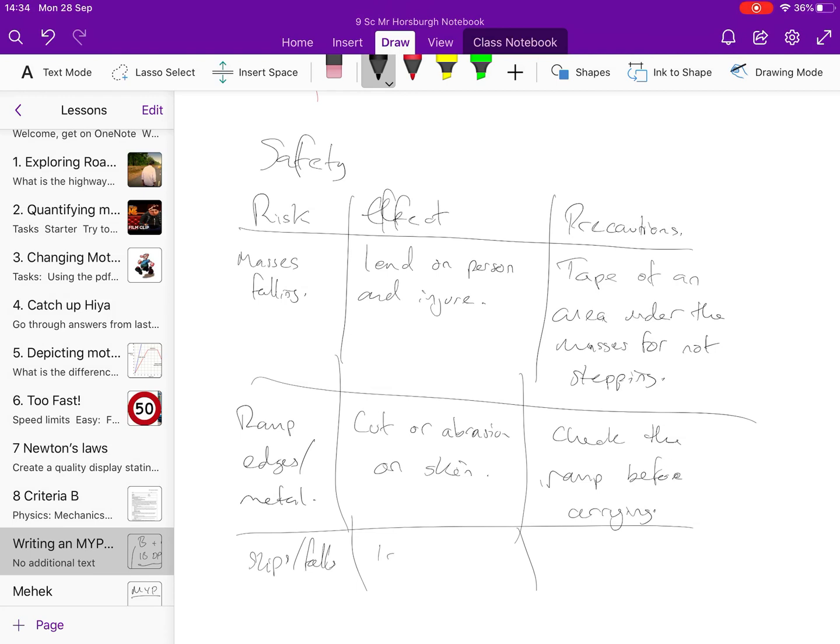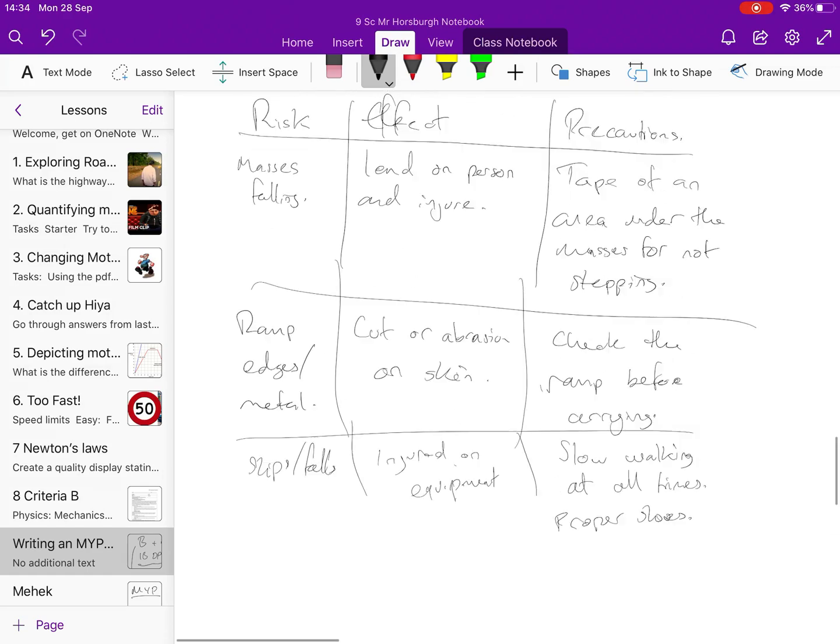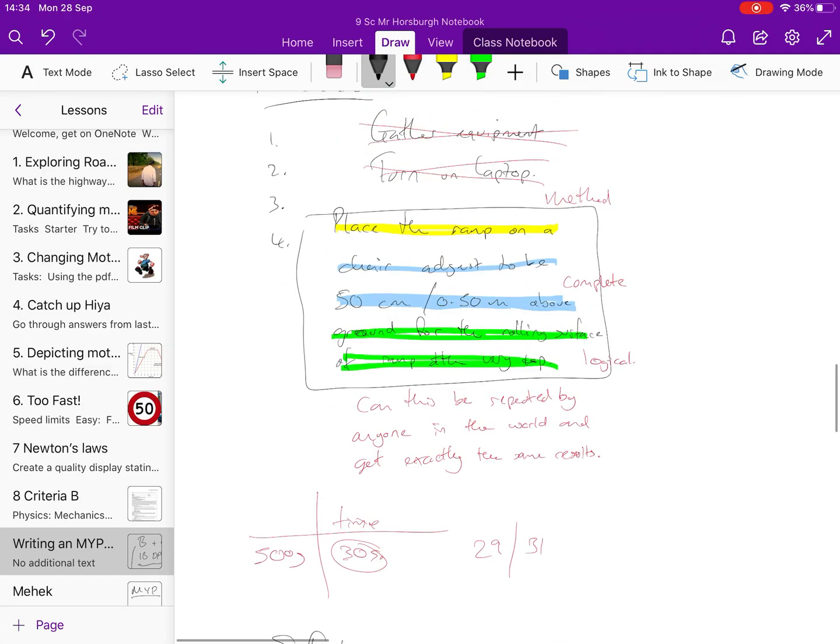People can be injured on equipment. And then we ask for slow walking at all times. And then things like proper shoes. Yeah? Something like that. That's your method then.